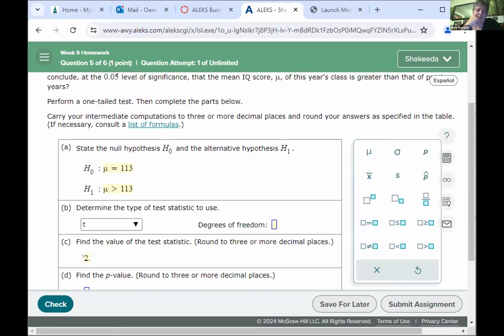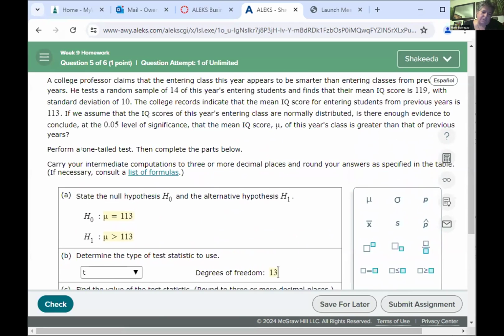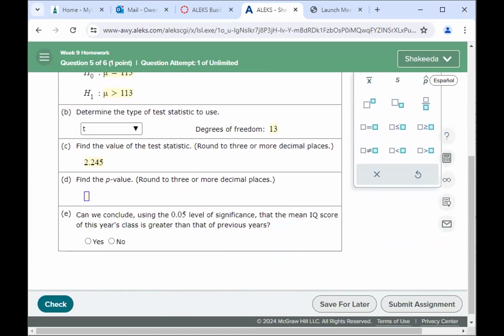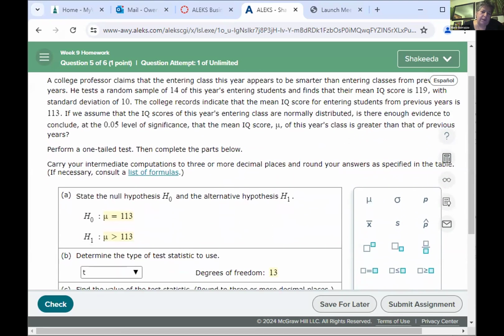Degrees of freedom, 2, 4, 5. The degree of freedom is 13. The p-value, so this is a one-tailed test. So it's one tail, sorry. Looking at above, so 0.0221, because they want greater than, so 0.021.